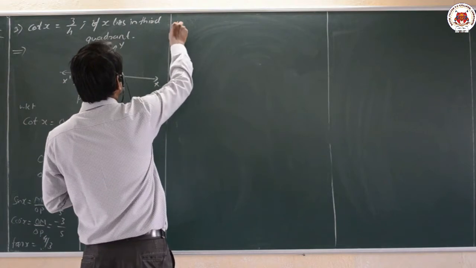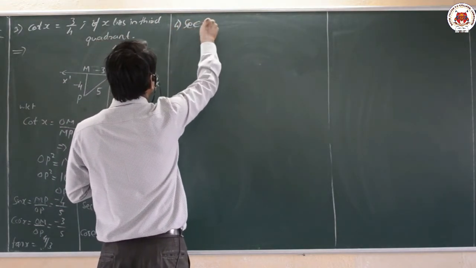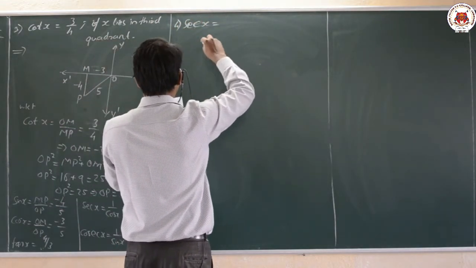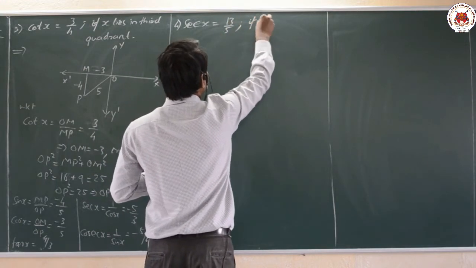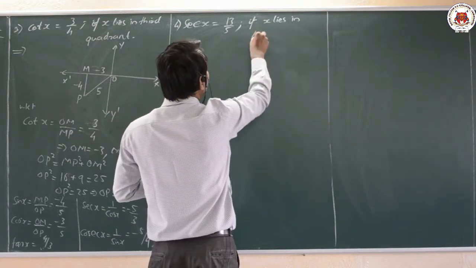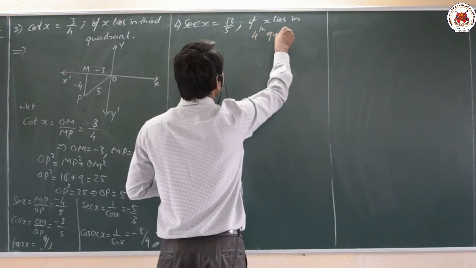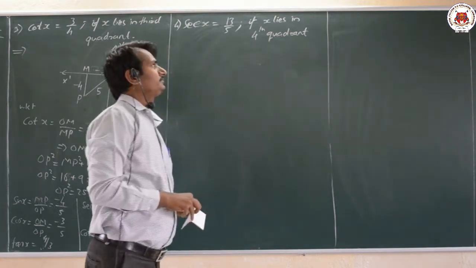The next one is the fourth one, that is secant x. Secant x is equal to 13 by 5, if x lies in the fourth quadrant.